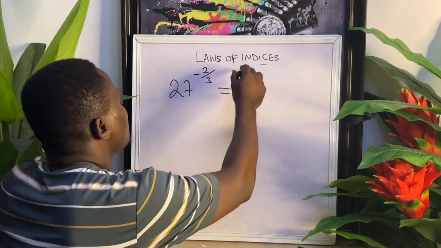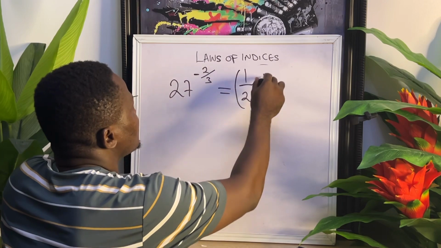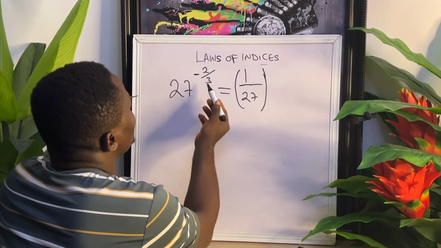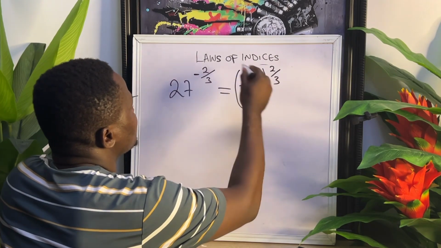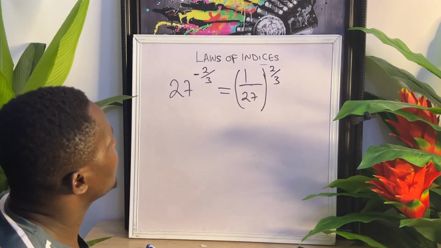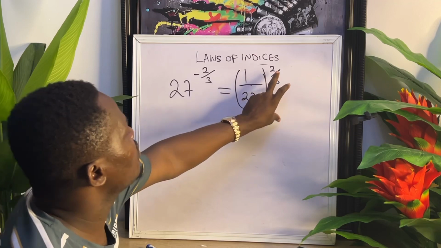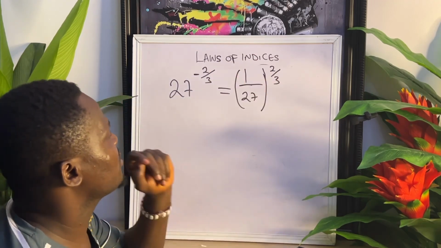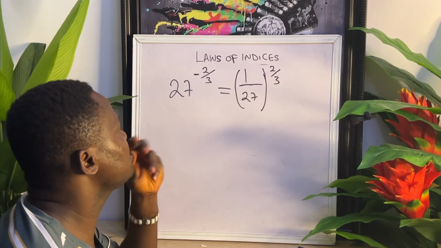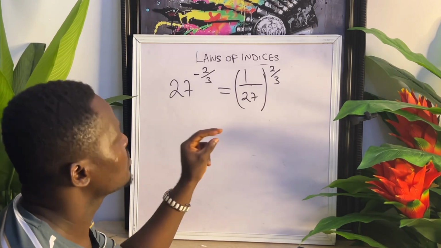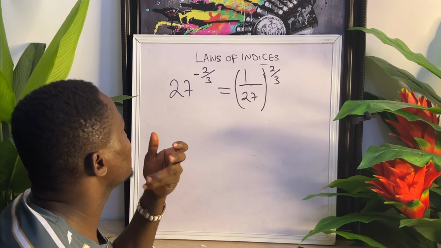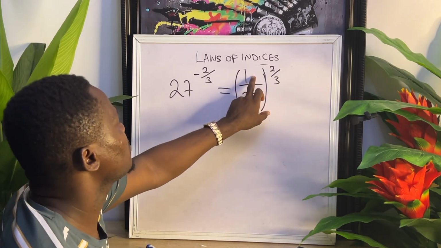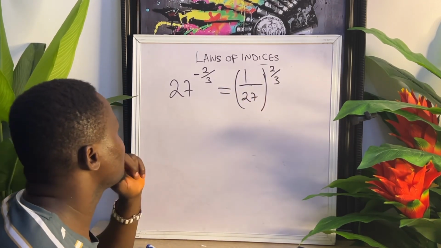Then we include this in a bracket, and outside the bracket we retain this power, which is 2 over 3. And by this 2 over 3 being written as power outside the bracket, it means it is for both the numerator and the denominator. Then it means we can use the 2 over 3 for 1 and 2 over 3 for 27.